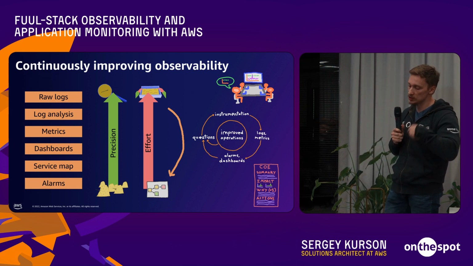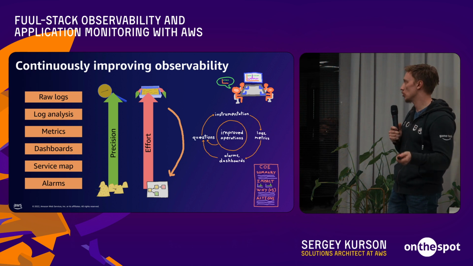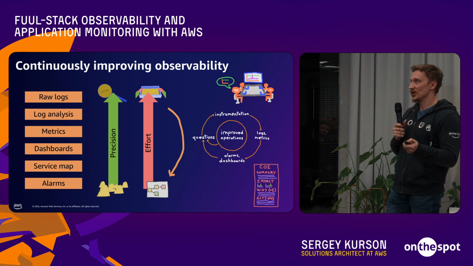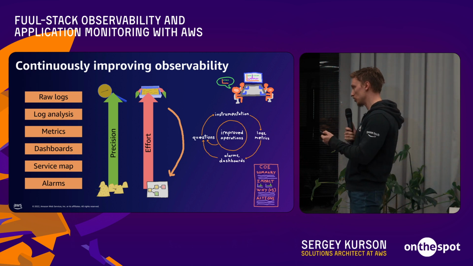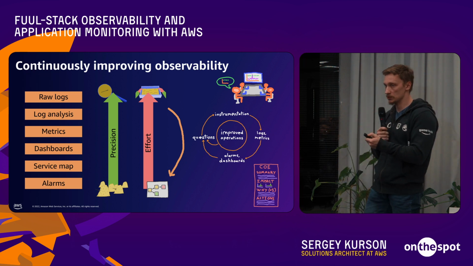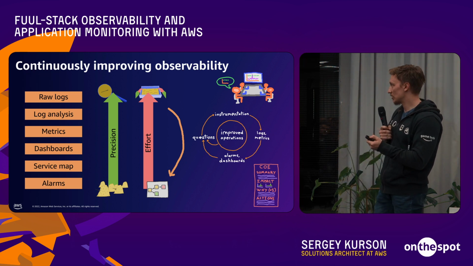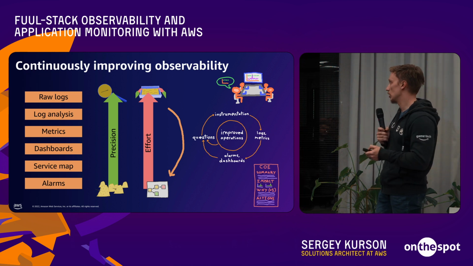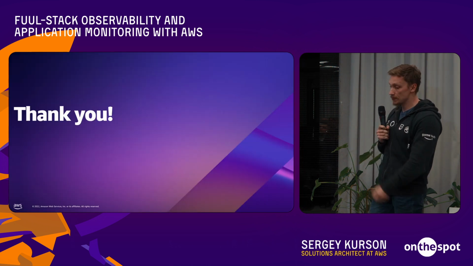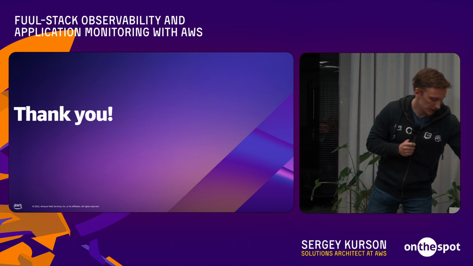You have to iterate your dashboards and your observability, and not just have random metrics like CPU and memory. Tie them to the use case and the audience that is looking at those metrics, and try to understand what you are actually looking for and how fast you get the information. So yeah, that would be it. All right.